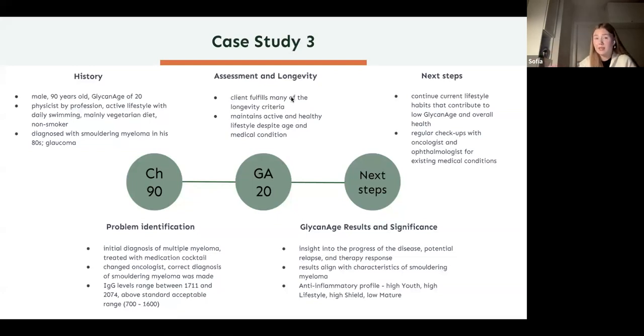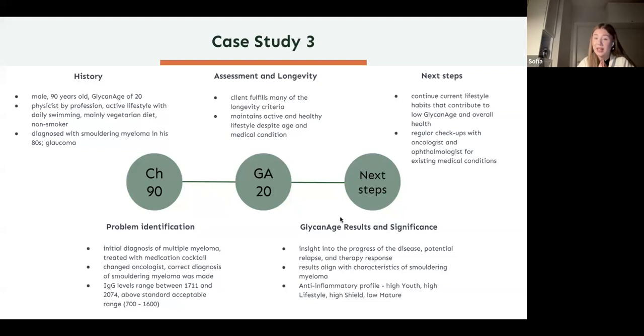So yeah, he fulfills many of the longevity criteria, and he maintains an active and healthy lifestyle despite age and his medical condition. So it is obvious that for this patient, GlycanAge cannot be used to give an accurate picture of his health because he has a very, very serious diagnosis.